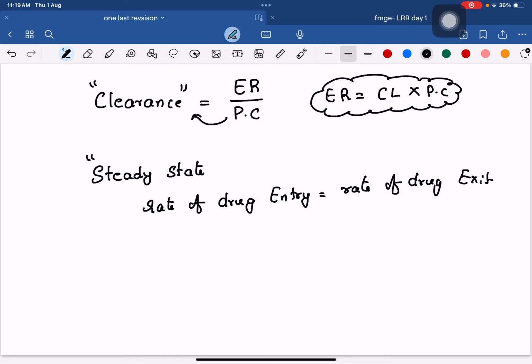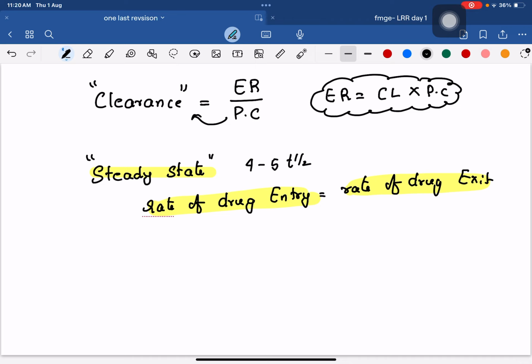Now in a steady state plasma concentration, the meaning of steady state is that rate of drug entry is equal to rate of drug exit. To achieve clinical steady state, you require around 4 to 5 half-lives of the drug.